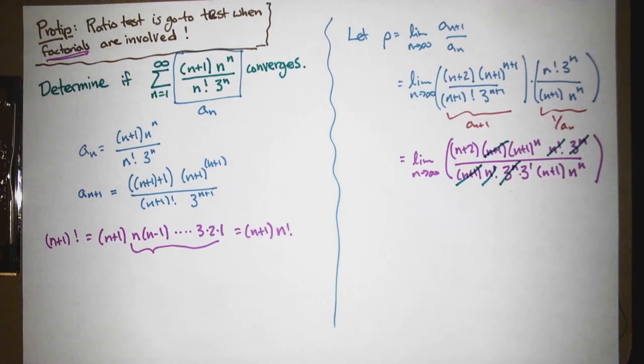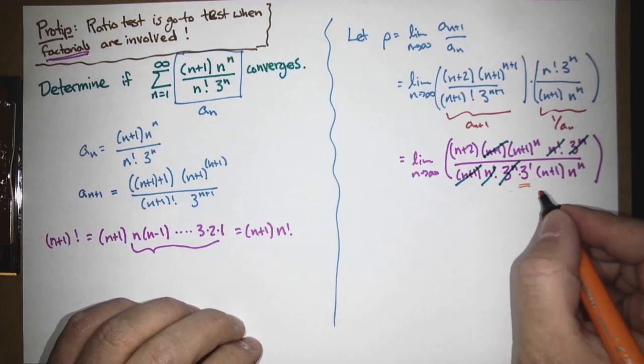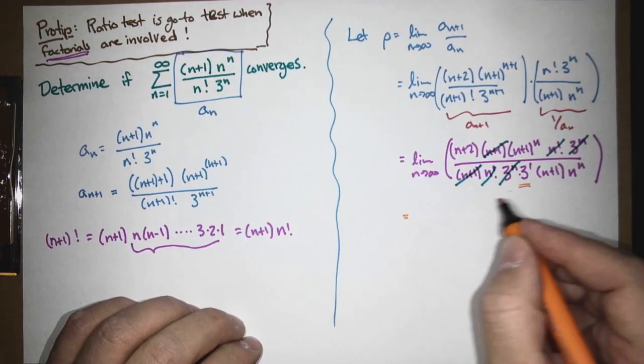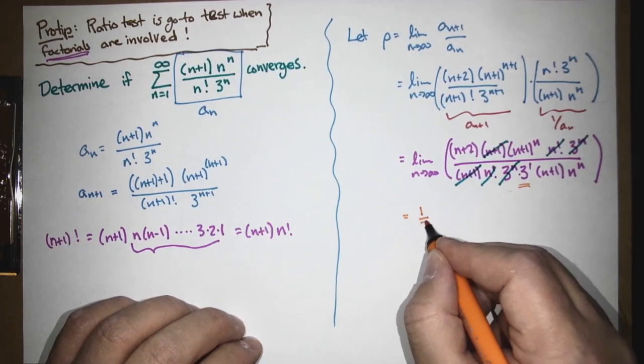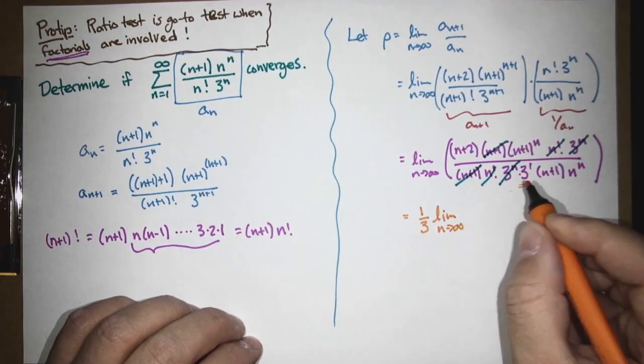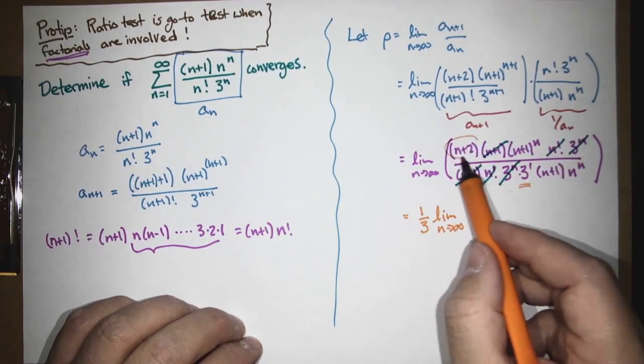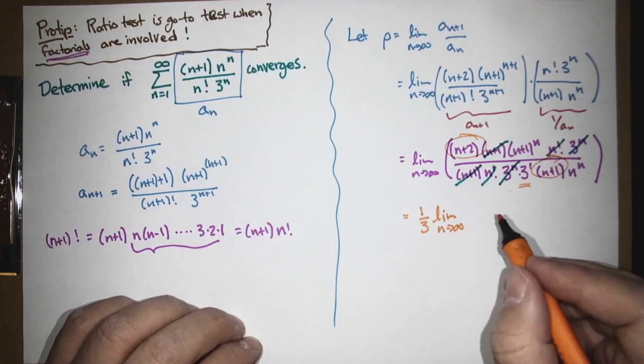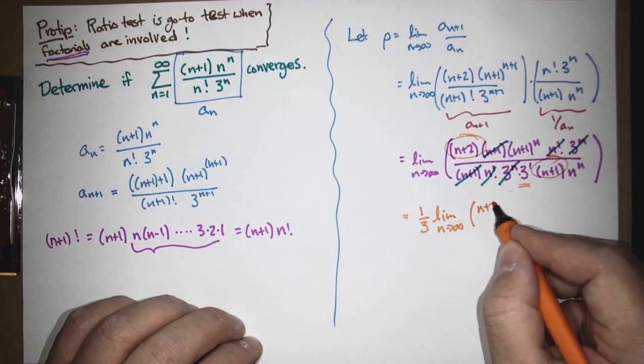So that's a lot of cancellation. Now, we have a 3 here. And that's a constant. We can bring it out in front if we want. Constants can come out of limits. Then we have an n plus 2 and an n plus 1. We'll put those together.